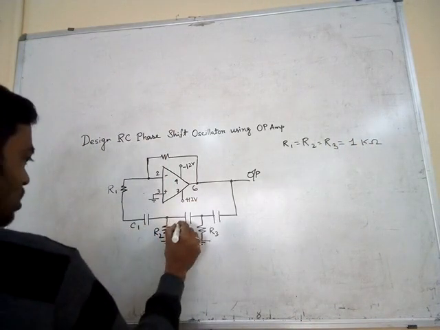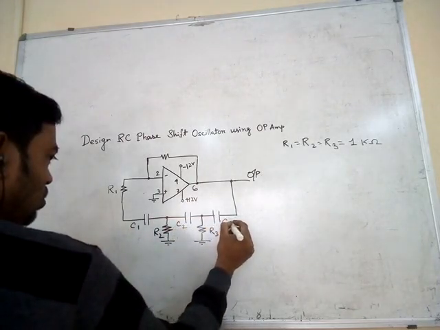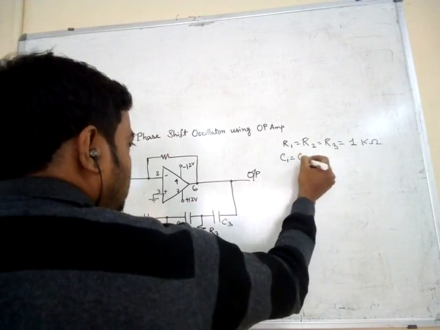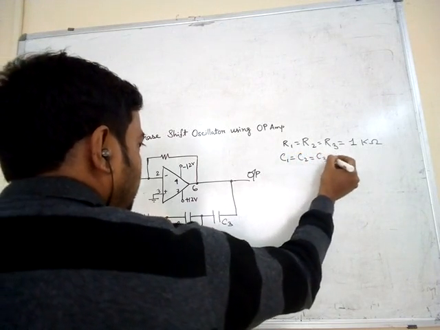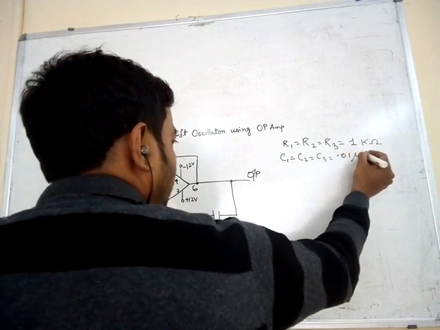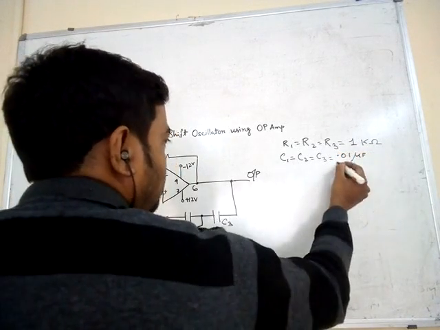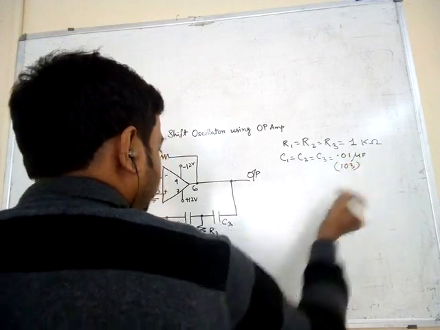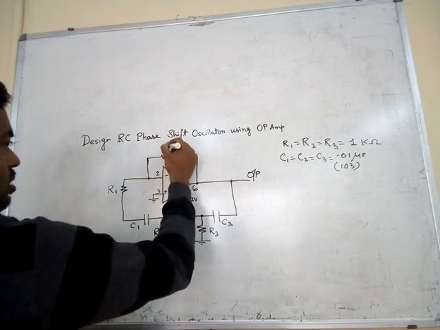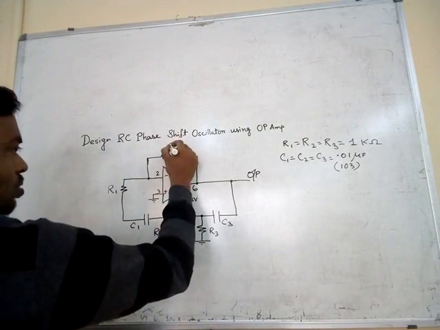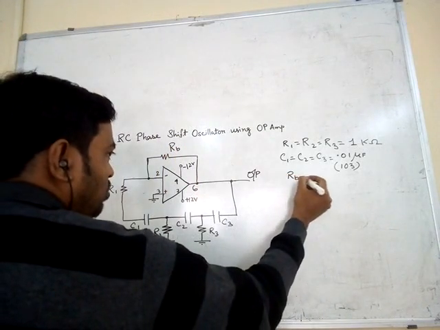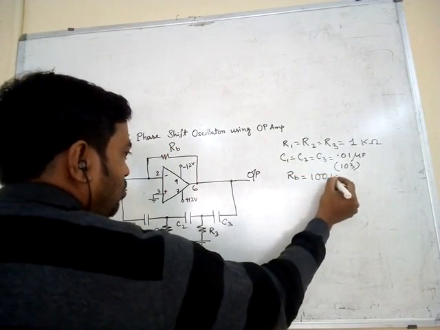This is C1, C2, C3. The value of C1, C2 and C3 must be the same, and we take 0.01 microfarad. In market it is called 103. This capacitor has no polarity, and there is a feedback resistor, we call it RB. The value of RB equals 100 kilo ohm.